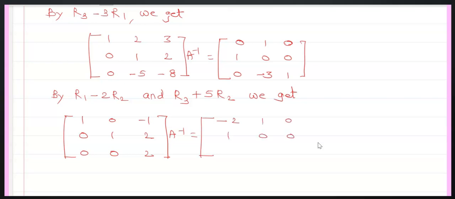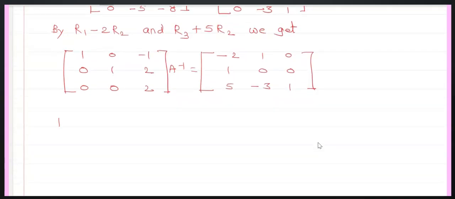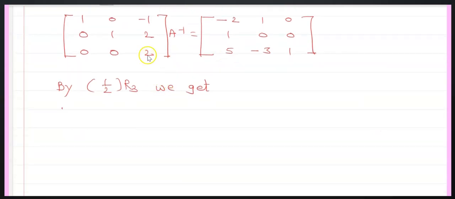Minus 2, 1, 0, 1, 0, 0, 5, minus 3, 1. By 1 upon 2 R3, we will make this 2 as 1. Therefore, these rows are not interchanging, they remain constant. 0, 0, 1, A inverse.